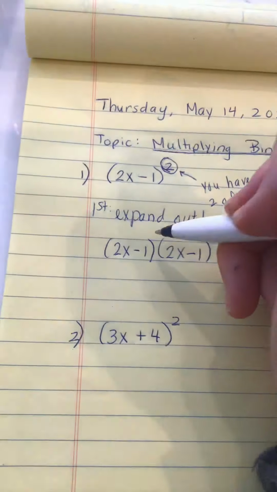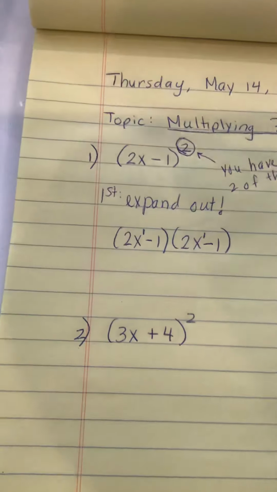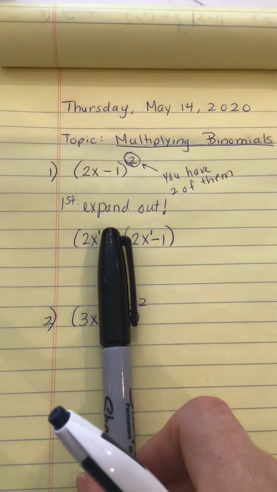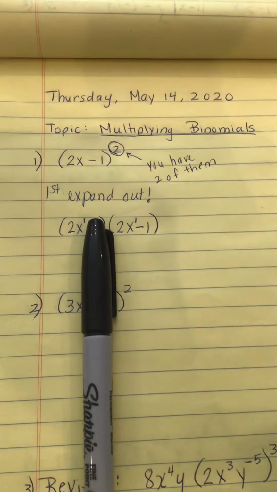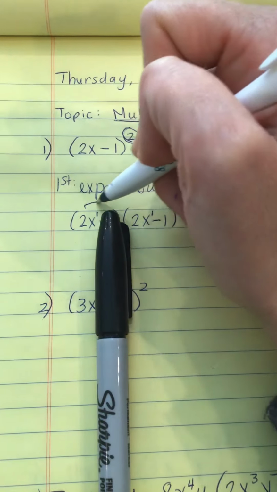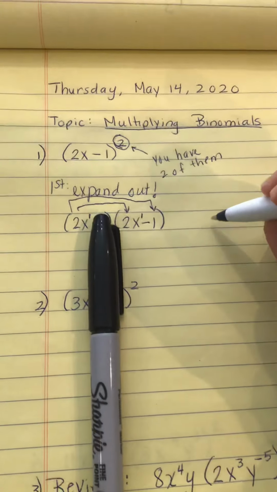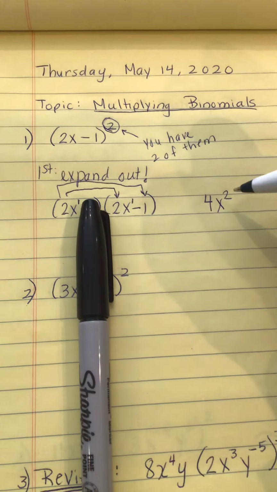Then you're going to double distribute like we did yesterday. So you put in your 1s, and we're going to cover up the first one here. Okay, cover that so you can't see it. And we're going to distribute the 2x first. So you get 4, multiply your coefficients, add your exponents, 4x squared.